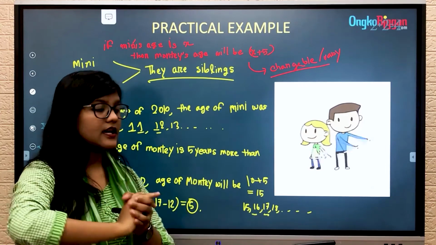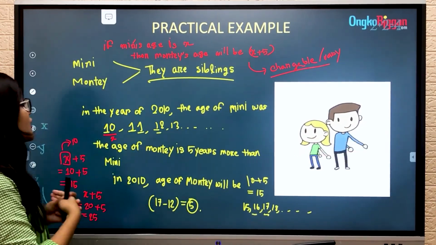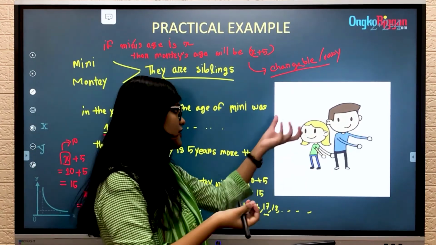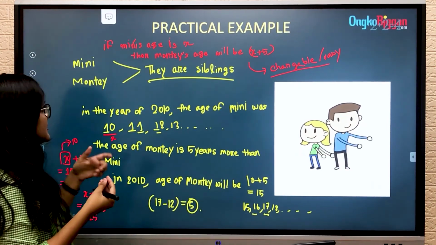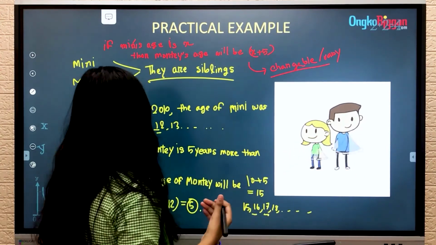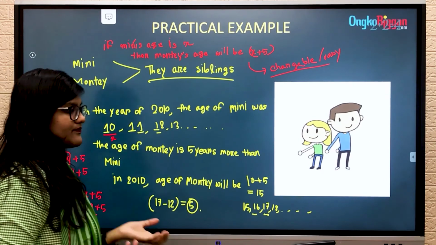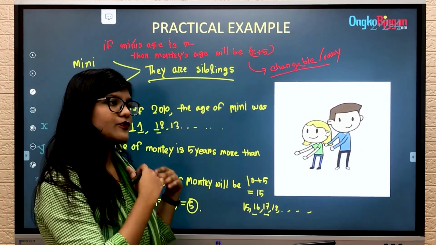It's varying actually. Age is not fixed for all the time. It keeps changing. So we can say the age of Minnie or Monty, both are expressions by which we have turned that age of Minnie is x, Monty is x plus 5. So this is basically an algebraic expression. So I hope you are clear with this example. We will go through more examples.